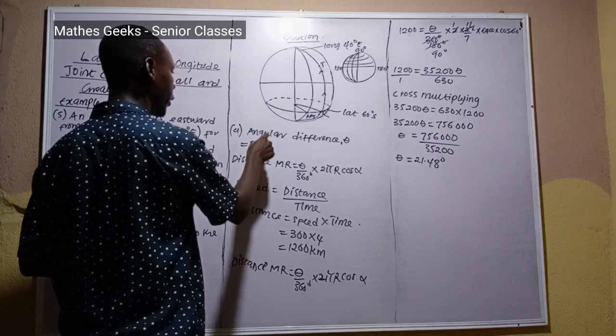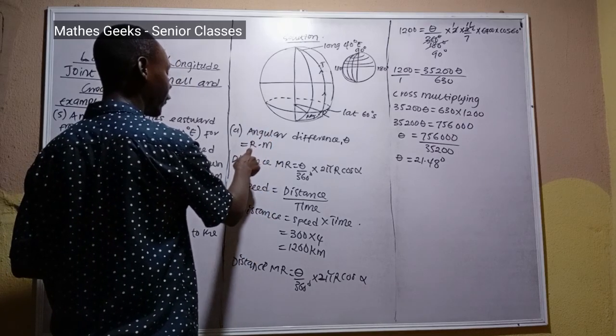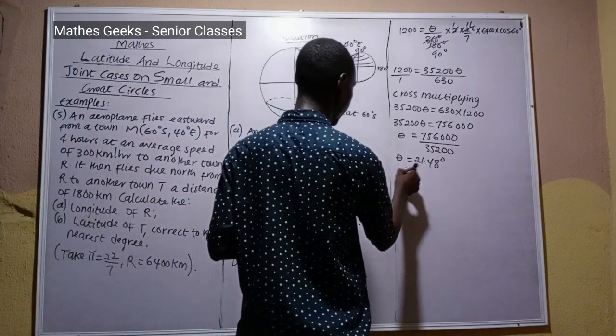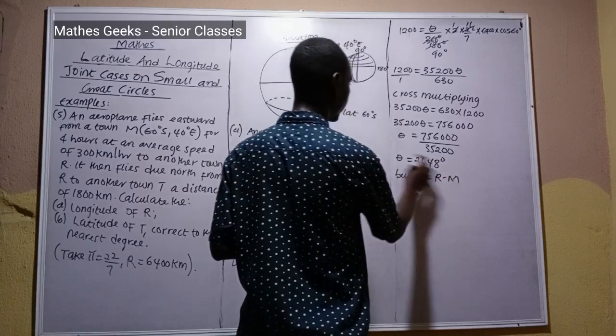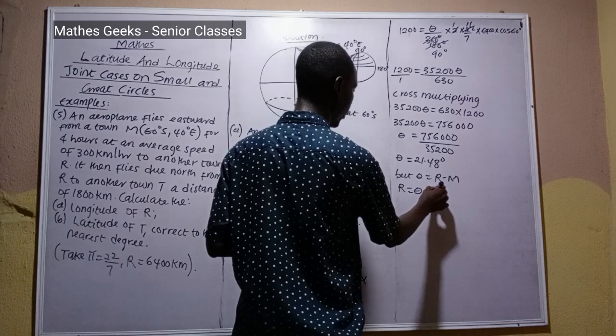But now the longitude of M is known, and the longitude of R is not known, and I want to find the longitude of R. So theta is equal to R minus M. Make R the subject of the formula: R is equal to theta plus M.